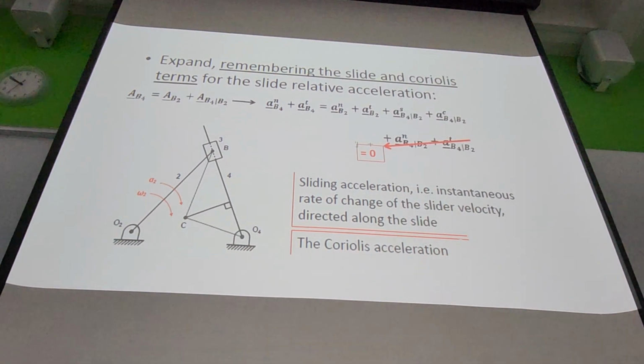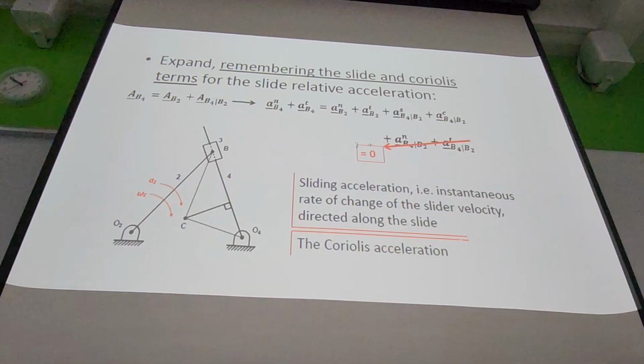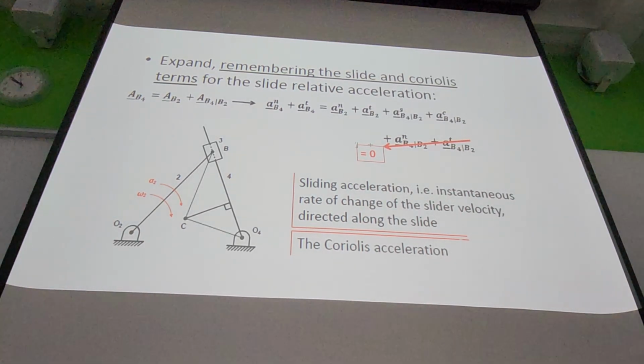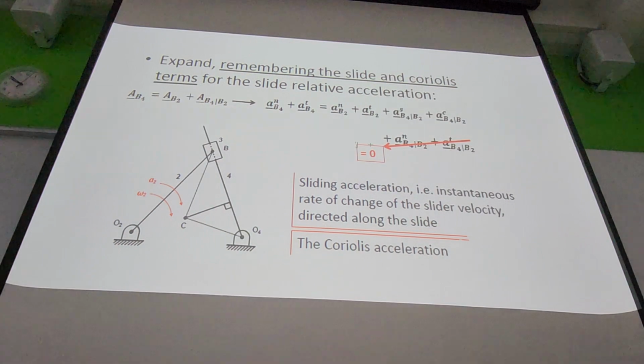Then for the relative acceleration of the slider, S represents the slider and C represents the Coriolis acceleration. Then the normal acceleration of B4 to B2, and the tangential acceleration will be 0. So basically you have the same equation, but the tangential component is replaced with Coriolis acceleration.